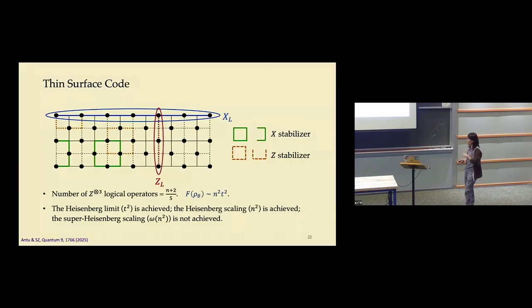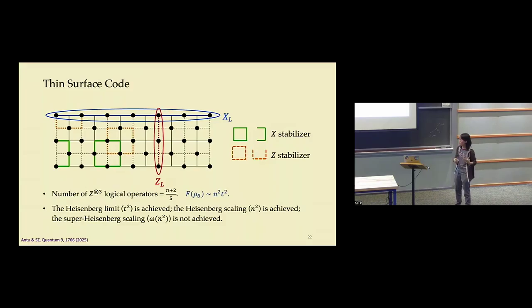So first, there's a very simple example, which is the thin surface code. In this scenario, we can see that the number of these Z3 logical operators is just linear, because the only weight 3 operator that contributes non-trivially to the logical operator is going to be this vertical line here. And the number of them is going to be linear in the number of qubits.